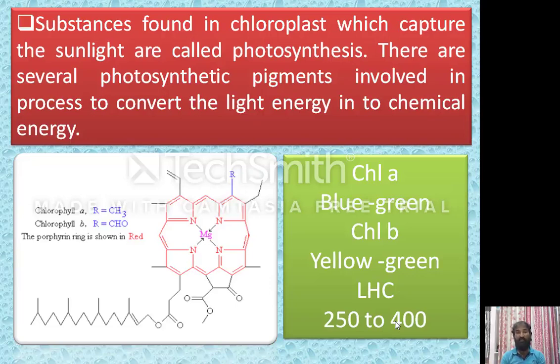What is it called? Light harvesting complex. Each light harvesting complex on the thylakoid membrane has 250 to 400 molecules of different photosynthetic pigments.